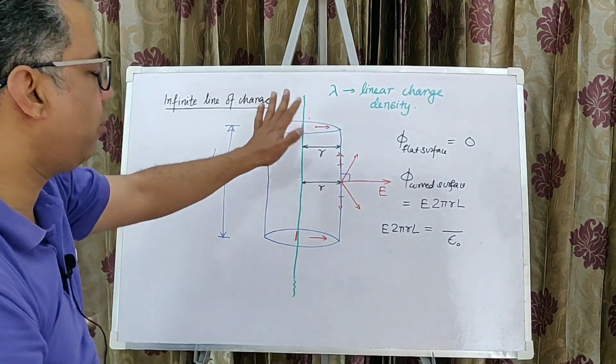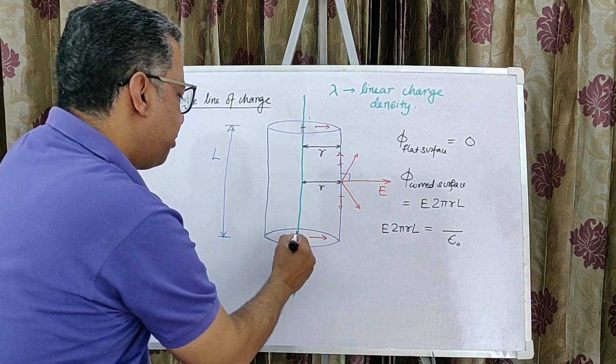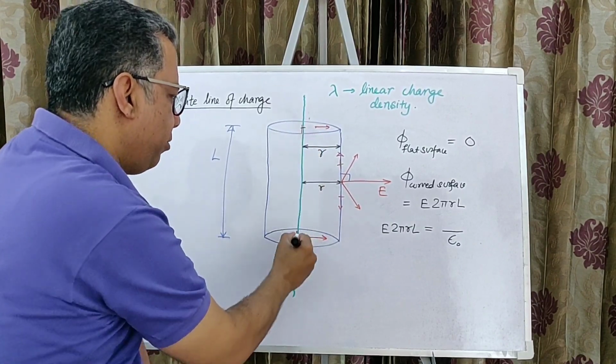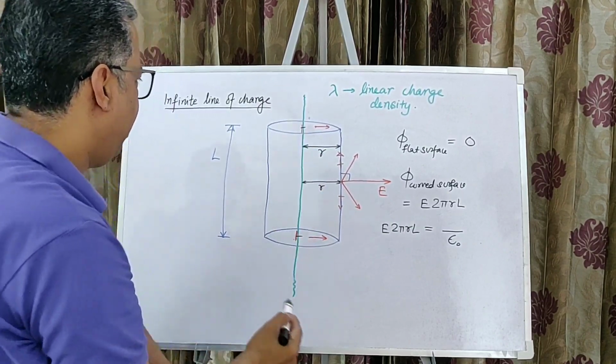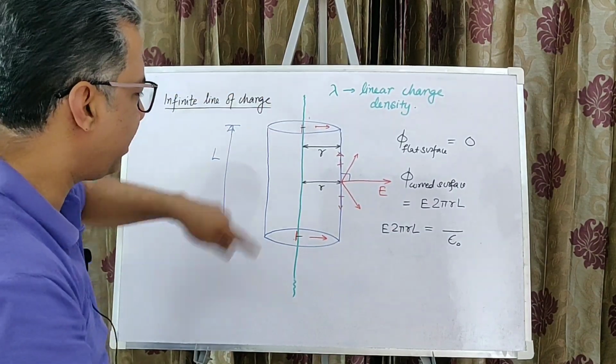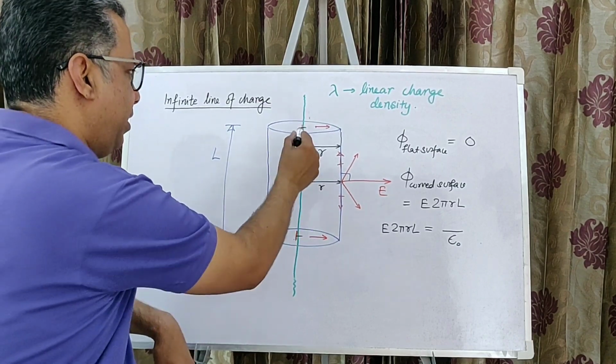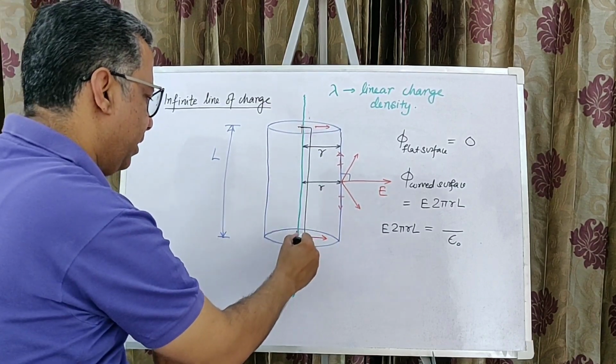Now, how much is the enclosed charge here? The length of this line of charge, which is enclosed inside the cylinder, will be equal to the length of the cylinder. The length of this line of charge that is enclosed inside this cylinder is actually this length here.